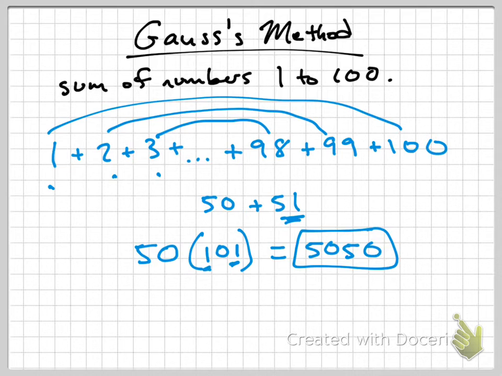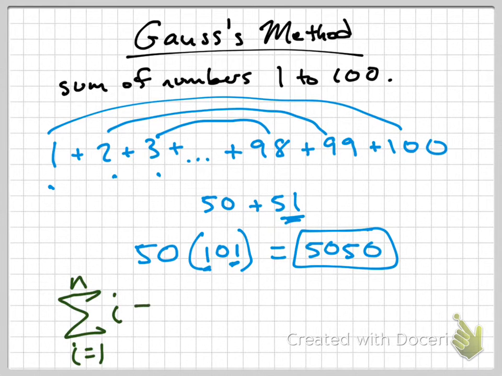The thing is that what Gauss's method gives us is a method for when we're doing a summation of the first n positive integers. In summation notation, it only works if we're starting at 1 up to any number, and we're just adding up those numbers, so nothing's happening to the thing we're plugging in.